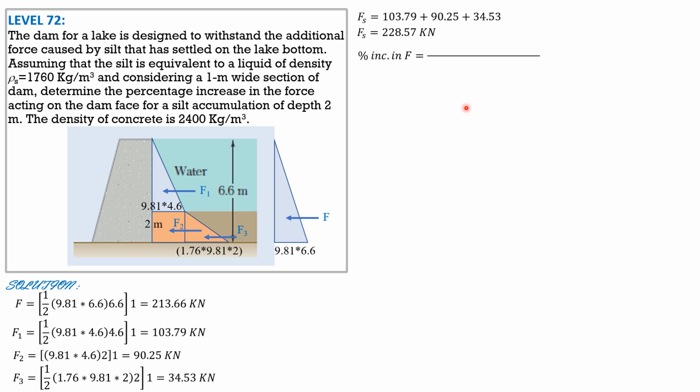So percent increase in F is 100 times 228.57 minus 213.66 divided by 213.66. So from there, we can solve the percentage increase in force equal to 6.978%.